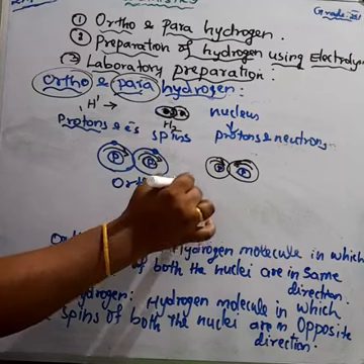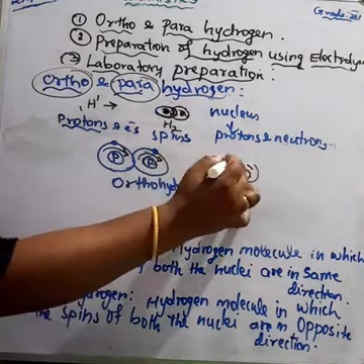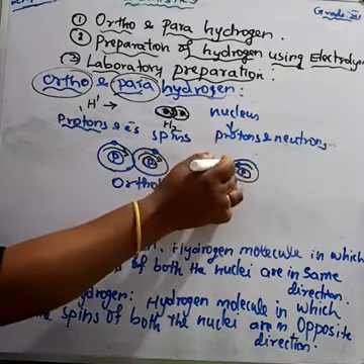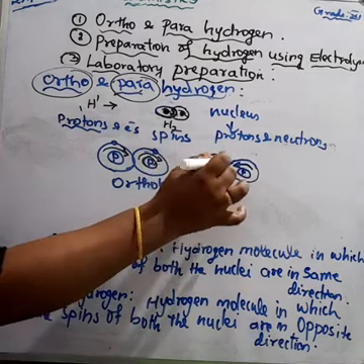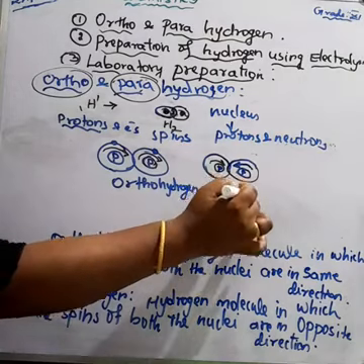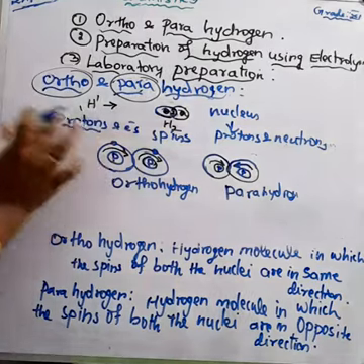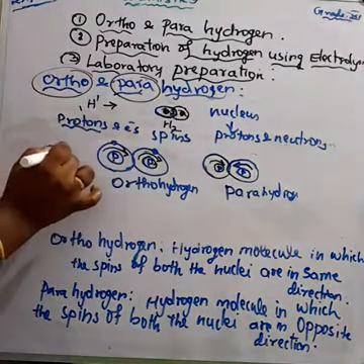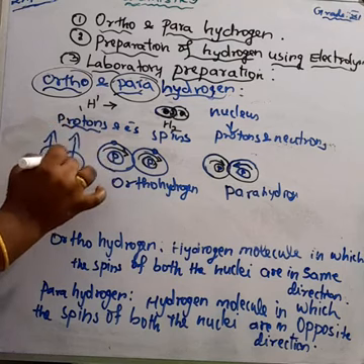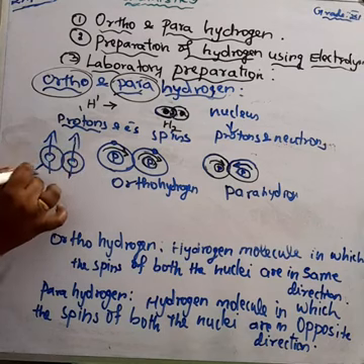If the protons in the nuclei of the hydrogen spin in opposite direction, that is called parahydrogen. So the spins which are parallel, the spin of the proton in the nuclei of the two hydrogen atoms being parallel, means orthohydrogen.